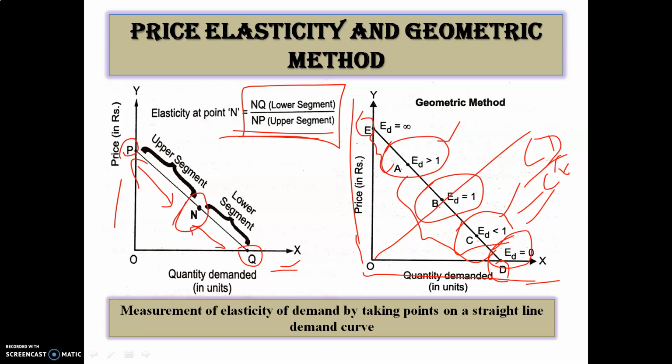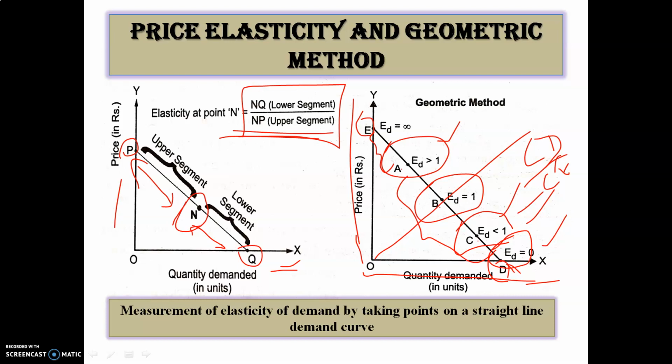Perfectly inelastic demand means that the value of the lower segment will be 0, because we do not have any lower segment after D, right? We have the entire demand curve as the upper segment. So if the numerator value is 0 and the denominator has some other value, then the ultimate value will be equal to 0.